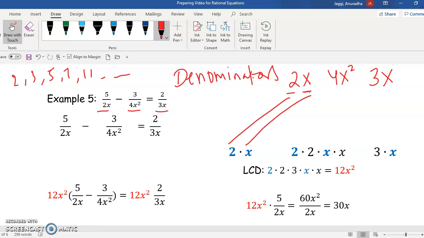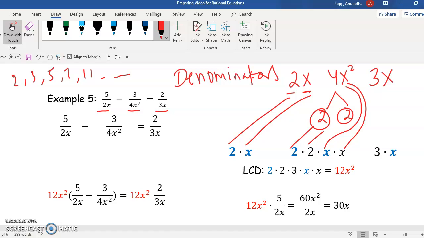Okay, from this denominator, 4 is not a prime number. So you change it into a product of its prime factors. 2 goes into 4 two times. Both 2 and 2 are prime. So I'm going to write down these 2's here. And then x square is not linear. Change it into its linear factors. x, there are two x's. x square is x times x.